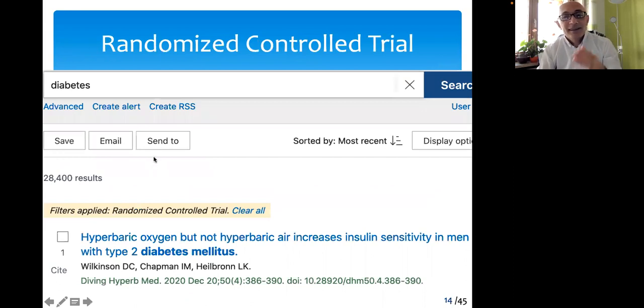And then there's the study design. The classical study design of clinical trials is the randomized controlled trial. Of course, a randomized controlled trial may not include humans. If it includes human beings, it is a clinical trial.